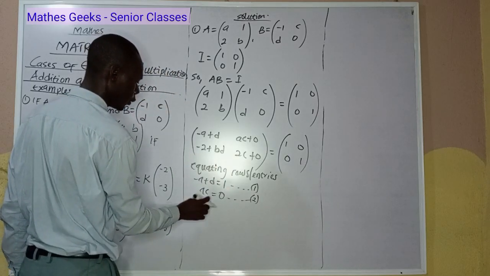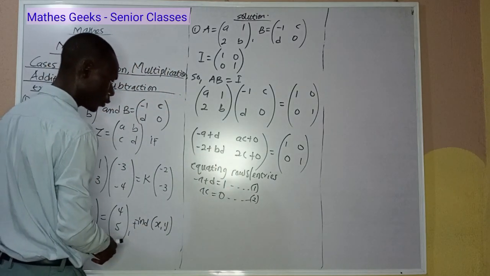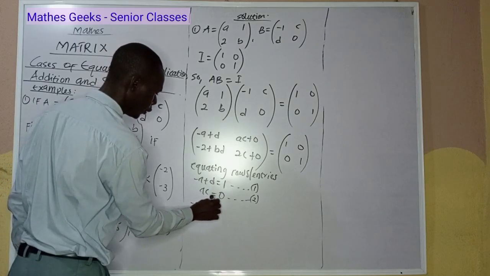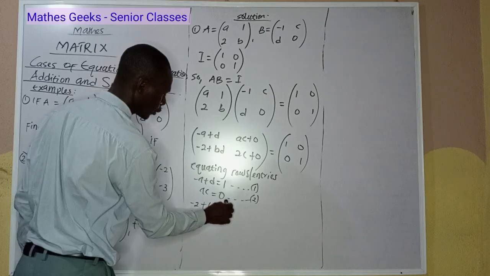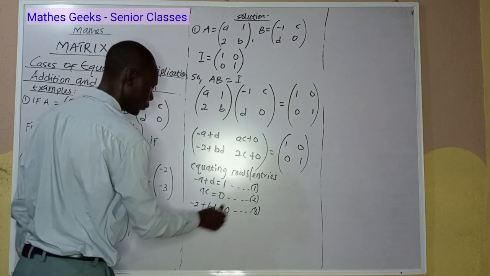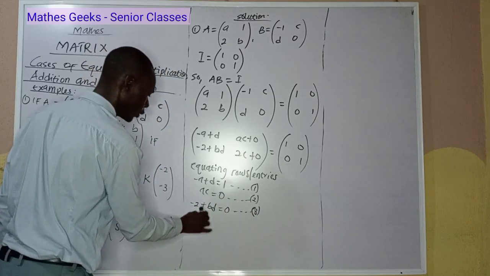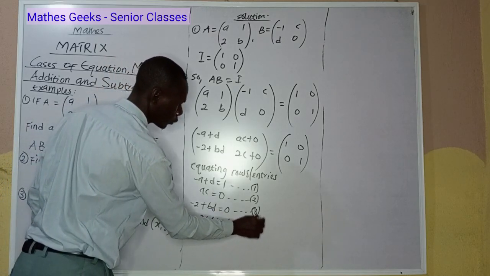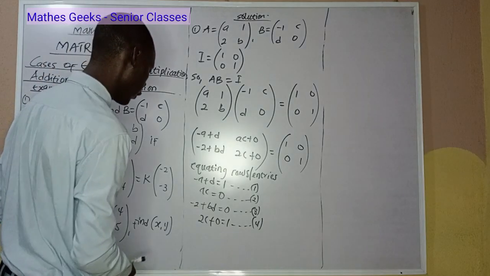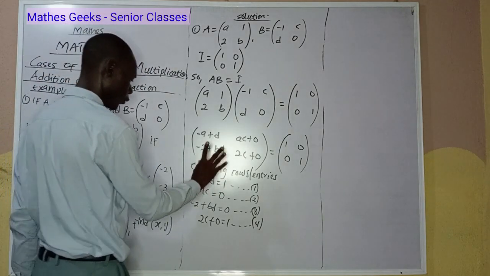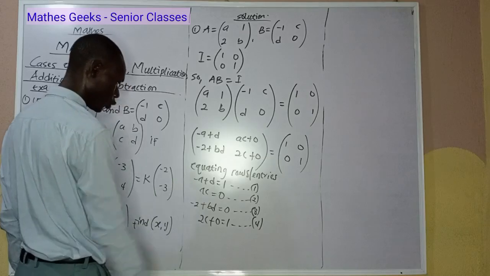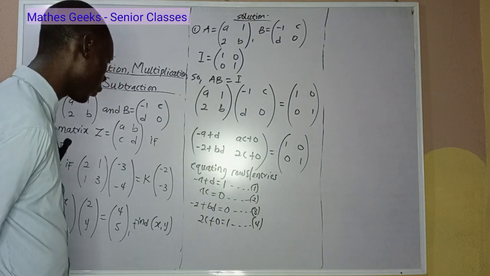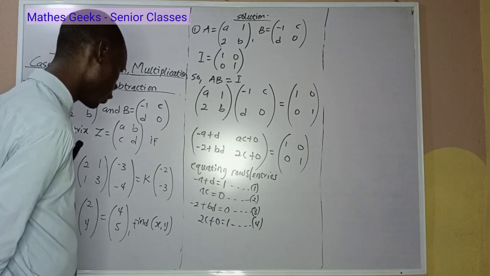Minus 2 plus bd is equal to 0, equation 3. Then 2c plus 0 is equal to 1, equation 4. So what we can see here is that equation 1 and 2 have a in common.